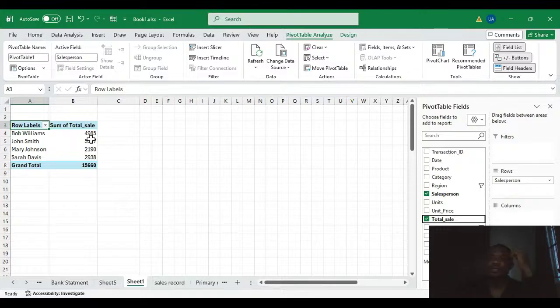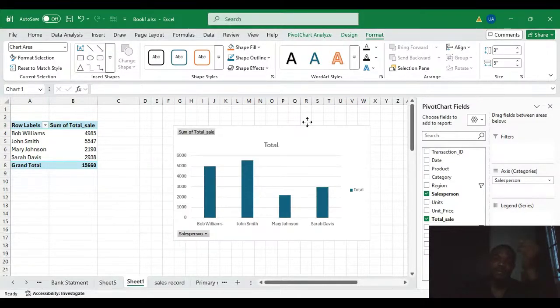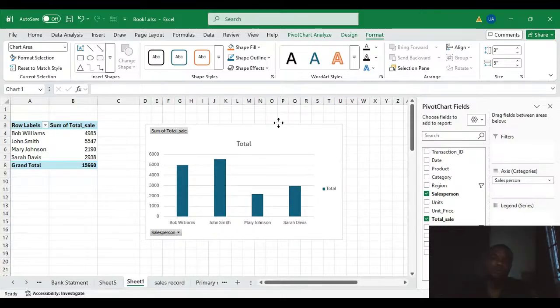Now, if we want to present this to our audience, we can use the pivot table chart. With this, you can present to people what your item looks like.